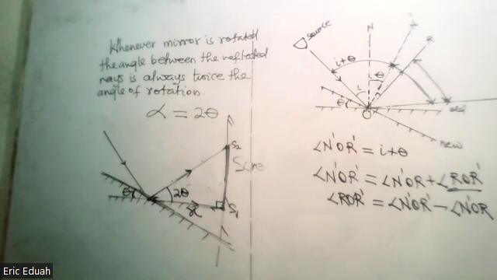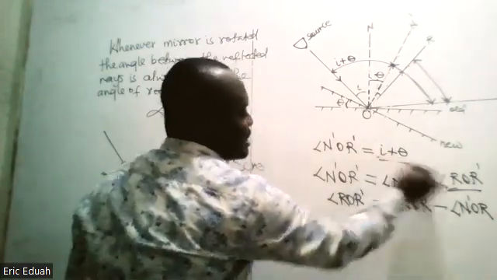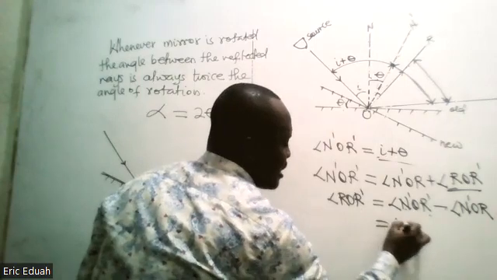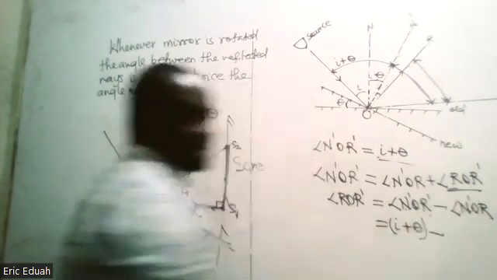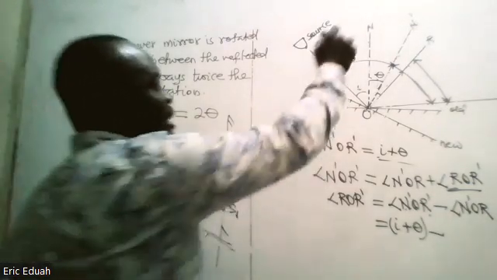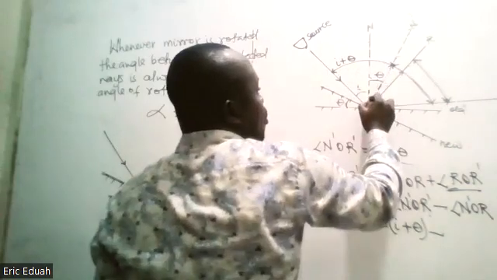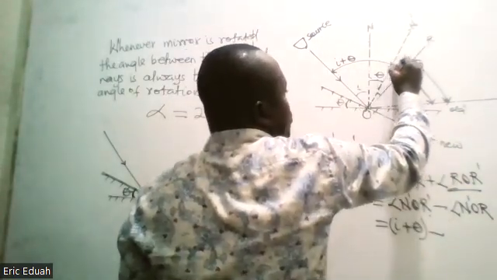Now, fortunately for me, I know angle n prime O r prime, which is this, I plus theta, but I don't know angle n prime O r, which is this small angle.